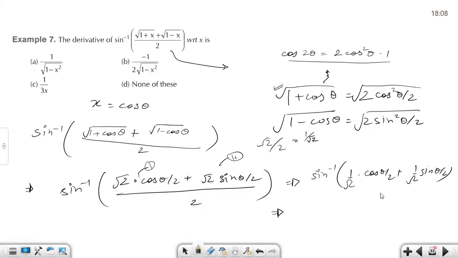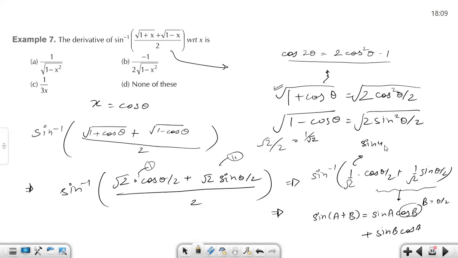Now we can see that this particular situation is similar to when we expand sine of A plus B, it comes out to be sine A cos B plus sine B cos A. So here we can take B as theta by 2, and we can write 1 by root 2 as sine 45.